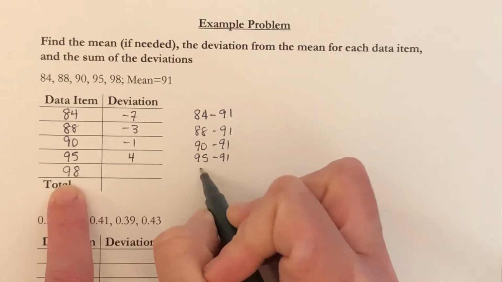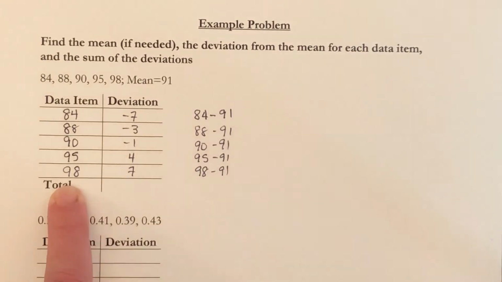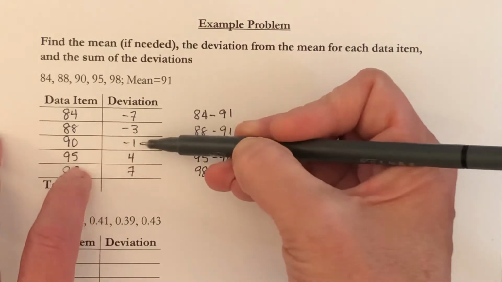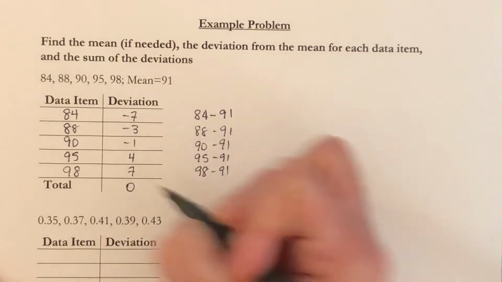And then 98 minus 91, that would be 7. And I'll add these together, negative 10, negative 11. Negative 11 plus 11 is 0.